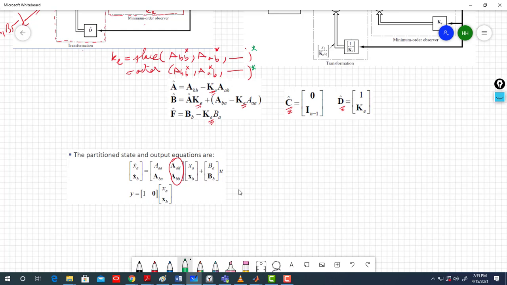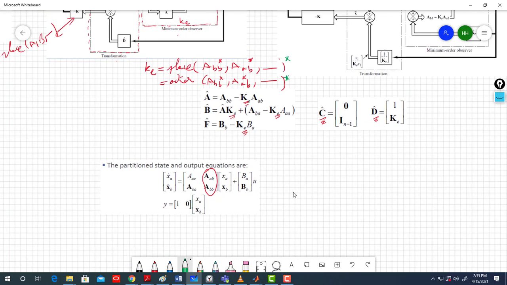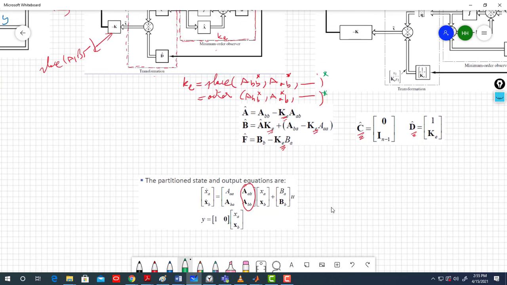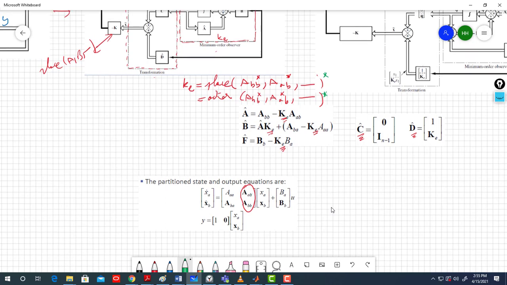Actually, remember, what is a minimum order observer? What does it mean? It means I don't build an observer for all my states. So I should divide my states into measurable states and unmeasurable states, right? That's the idea behind the minimum order observer.